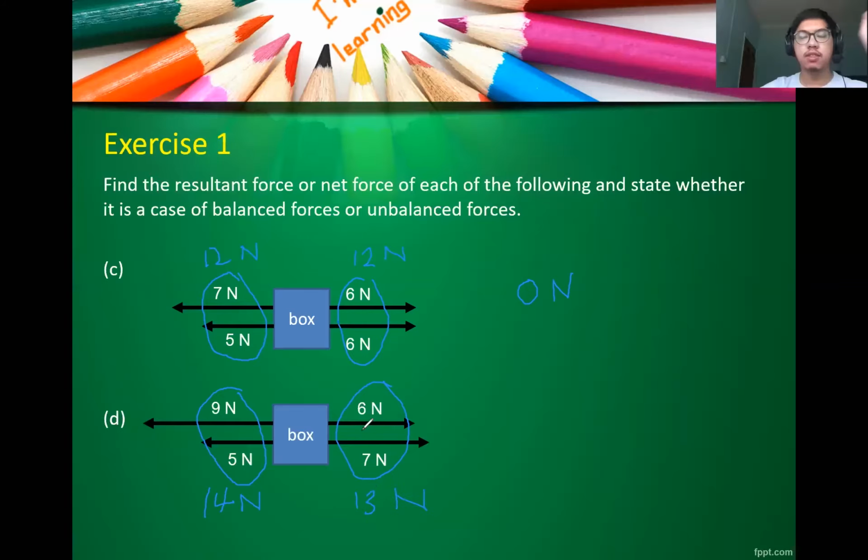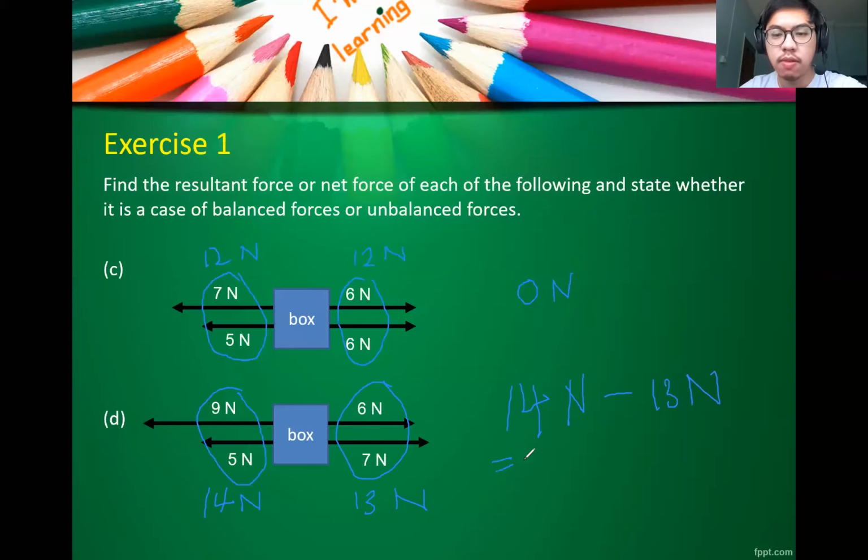So 14 Newtons to the left, 13 Newtons to the right. The left force is stronger, so the left force will win. You will expect to have a resultant force pointing to the left, and the magnitude of this left resultant force is 14 minus 13.